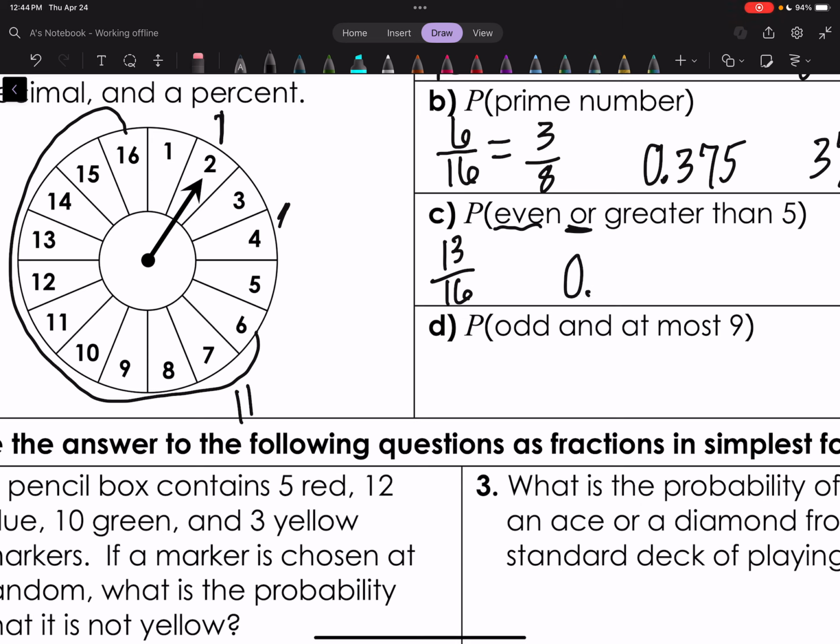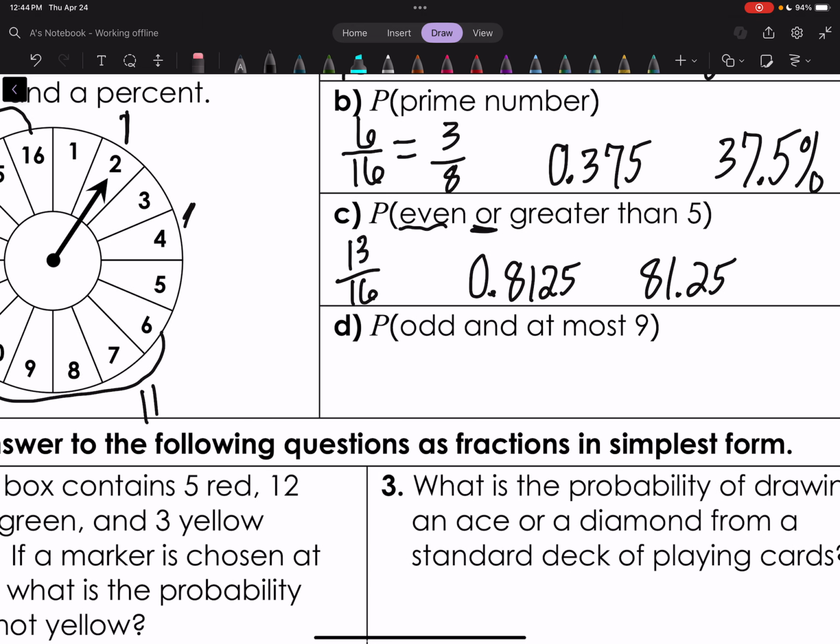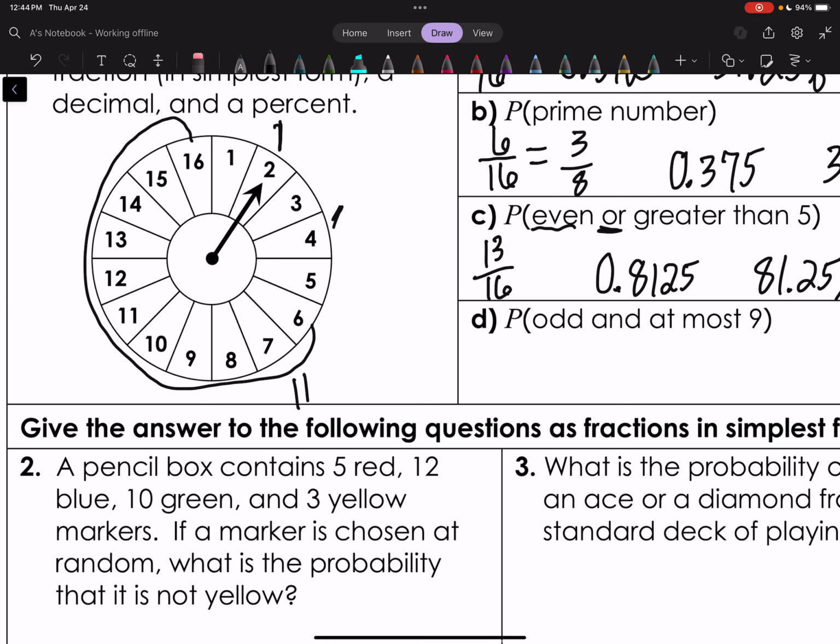As a decimal, it'd be 0.8125 or 81.25%. All right, that's how the word or works. You're using both of those together.